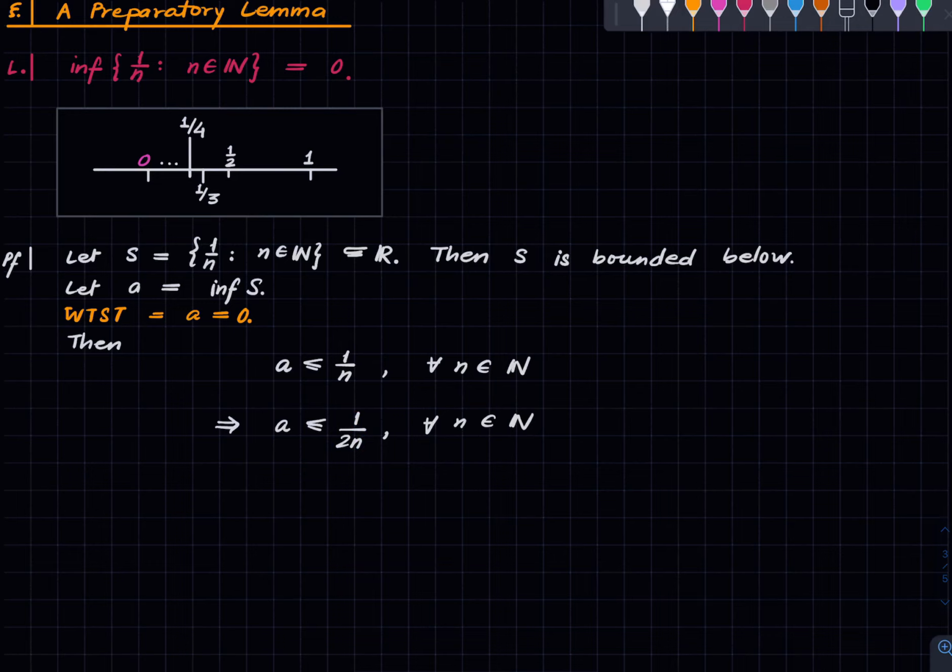This implies twice of A also satisfies this, which implies twice of A is a lower bound.